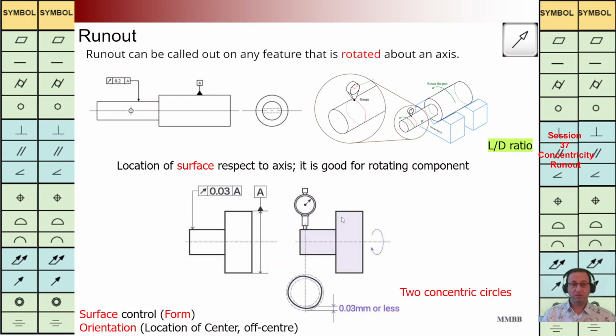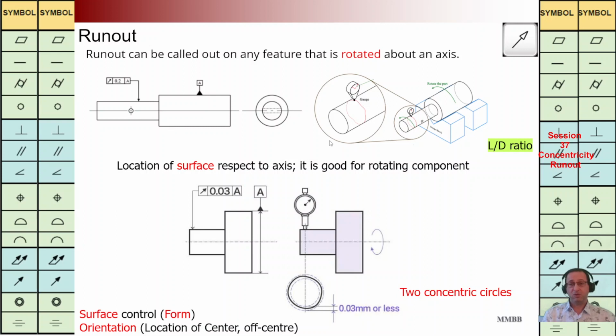Let's talk about runout. We are going to have this symbol as we can see at top right. For each rotating component, it is really good to have this runout symbol to check the form and orientation of that rotating component. As we can see here, this runout has a TZ 0.2 back to A. A is the axis of this cylinder.